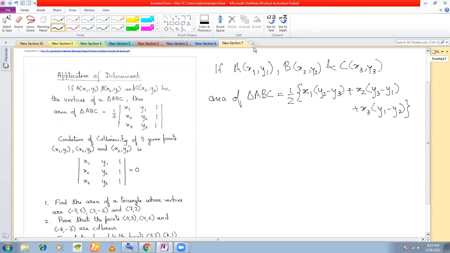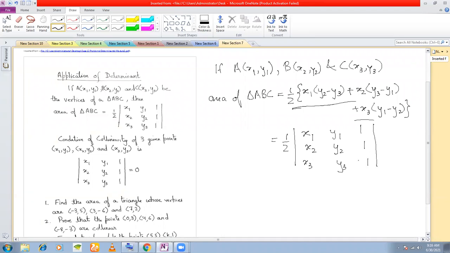The same thing in terms of determinant can be written as half of the determinant x1 y1 1, x2 y2 1, x3 y3 1. Okay, you can find out the area of this triangle very easily with the help of this determinant. So that is what we are going to apply.